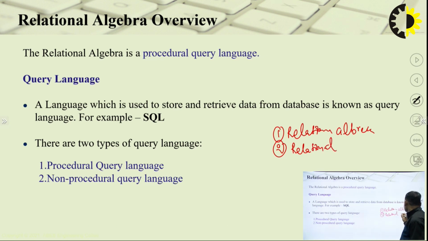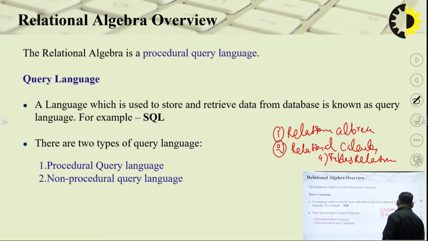Relational calculus further breaks into two types: first is tuple relational calculus, and second is domain relational calculus.